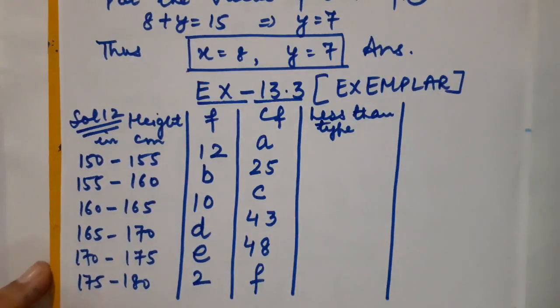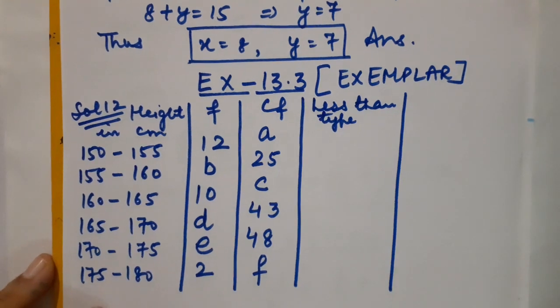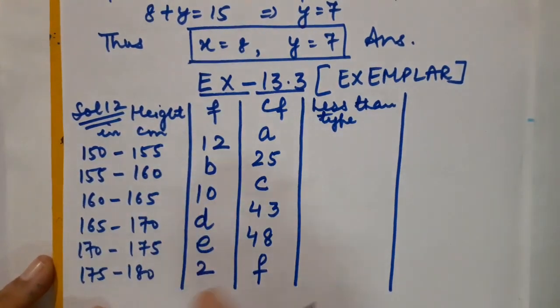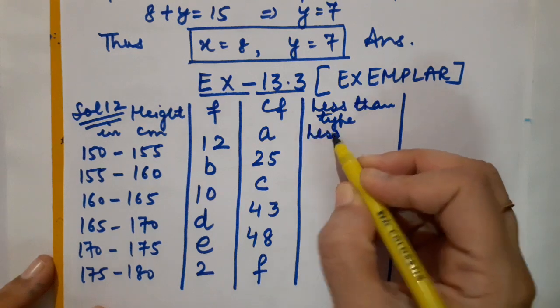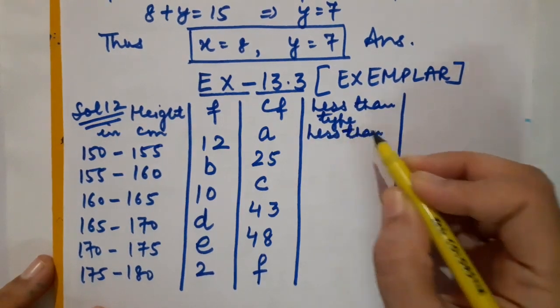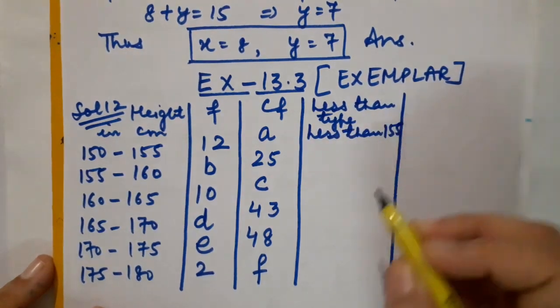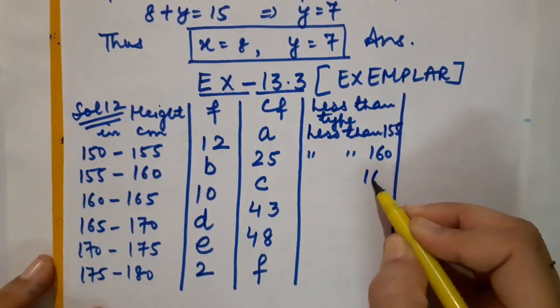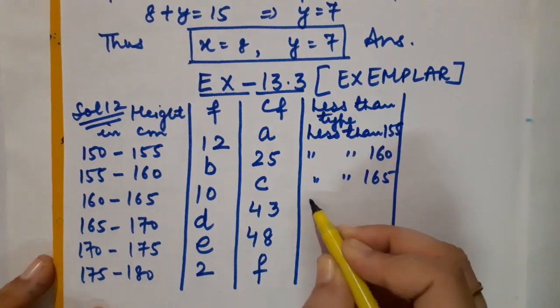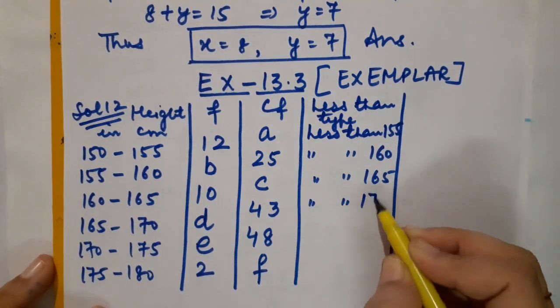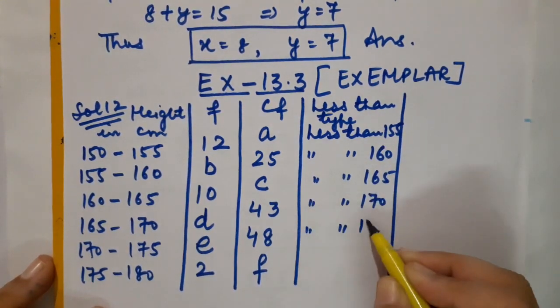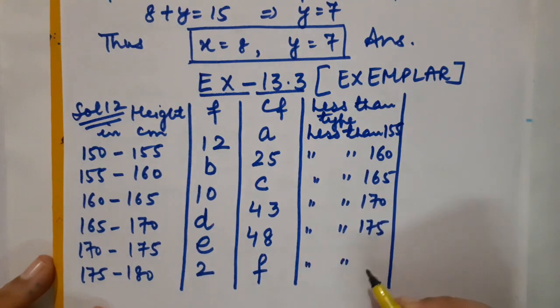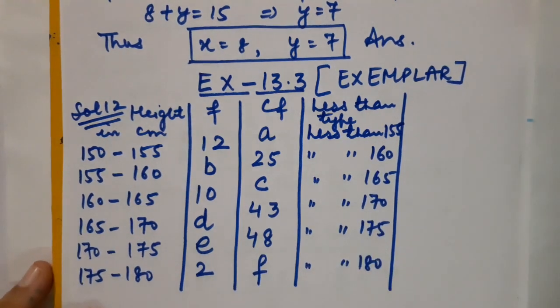You know, when we make a less than distribution table, we always take upper limits. So it would be less than 155, then less than 160, 165, less than 170, 175, and of course 180.